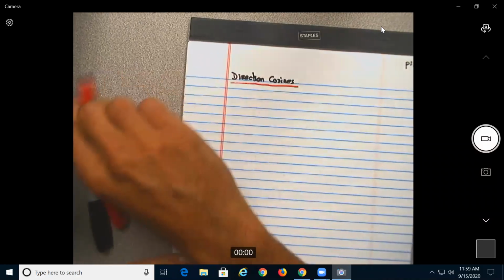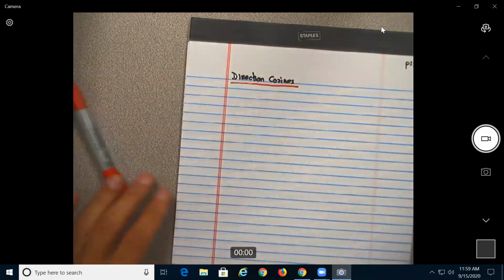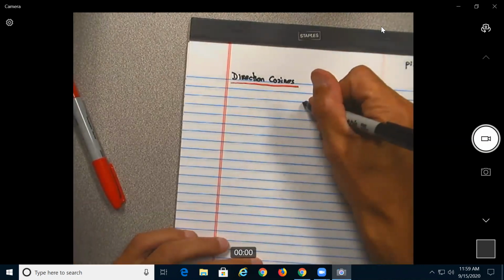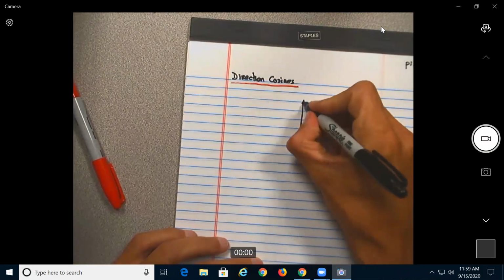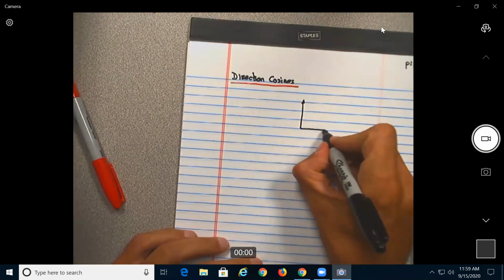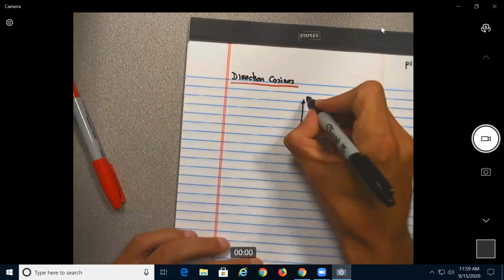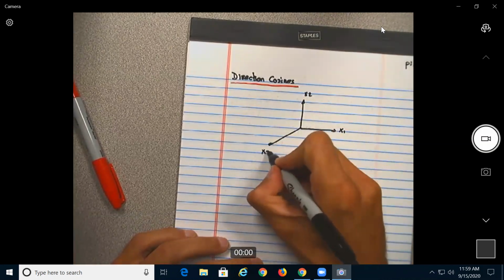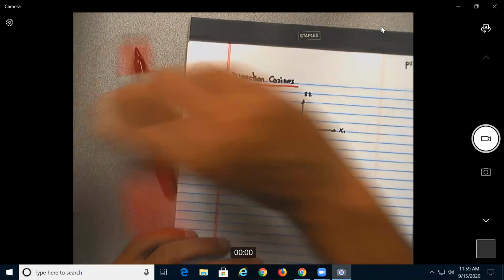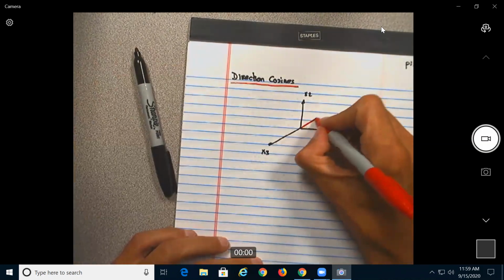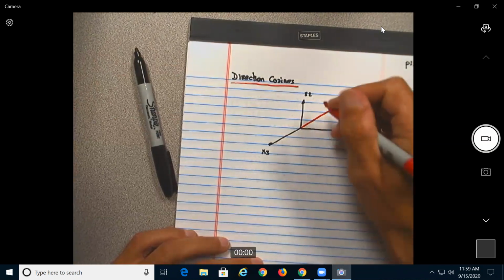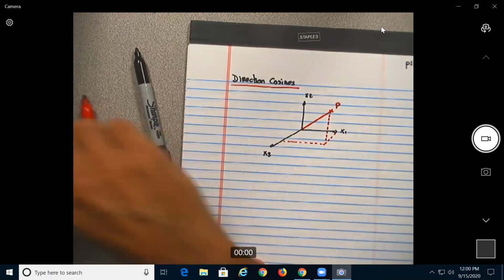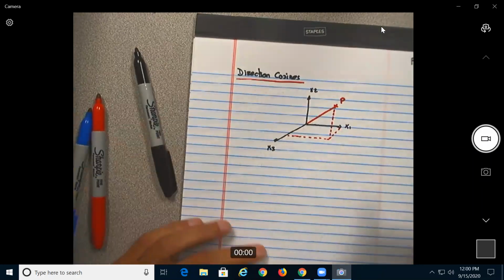So direction cosines: if we define the coordinate system x1, x2, x3, and as before we have a point P over here, defined this way, this will be our vector u.